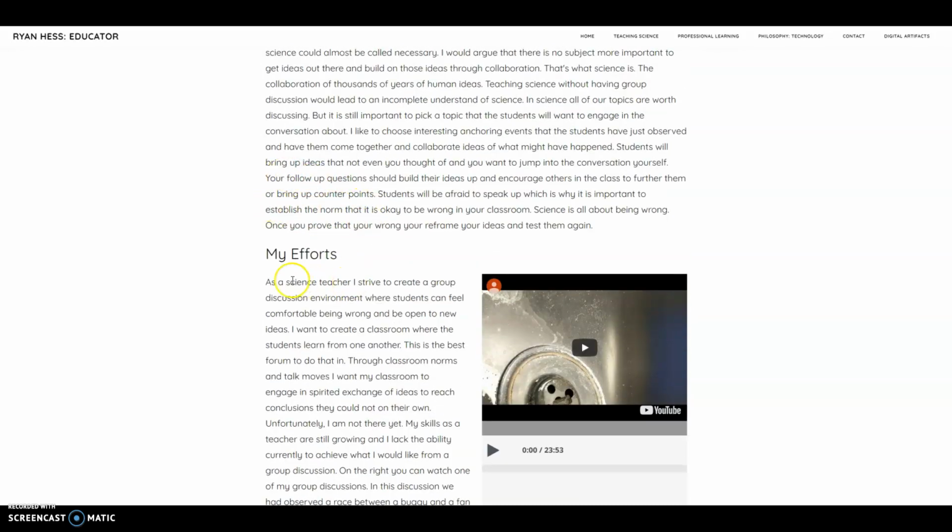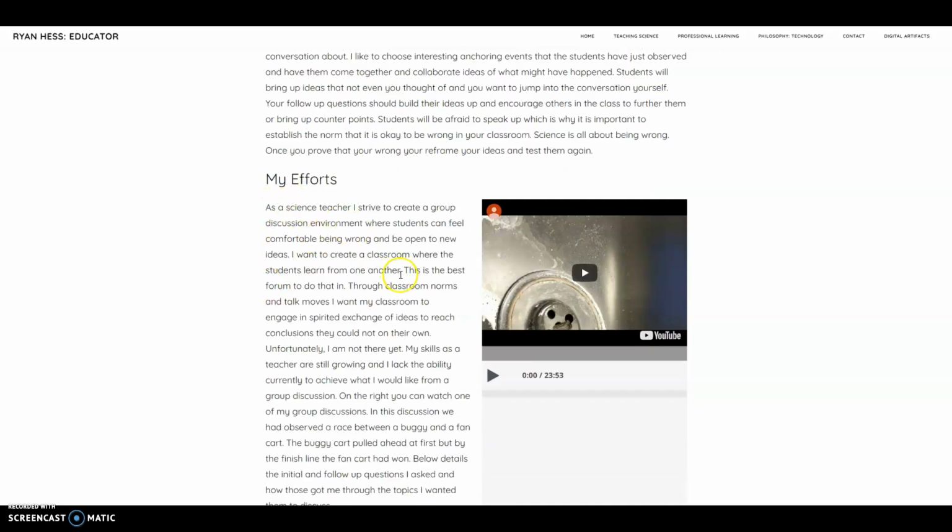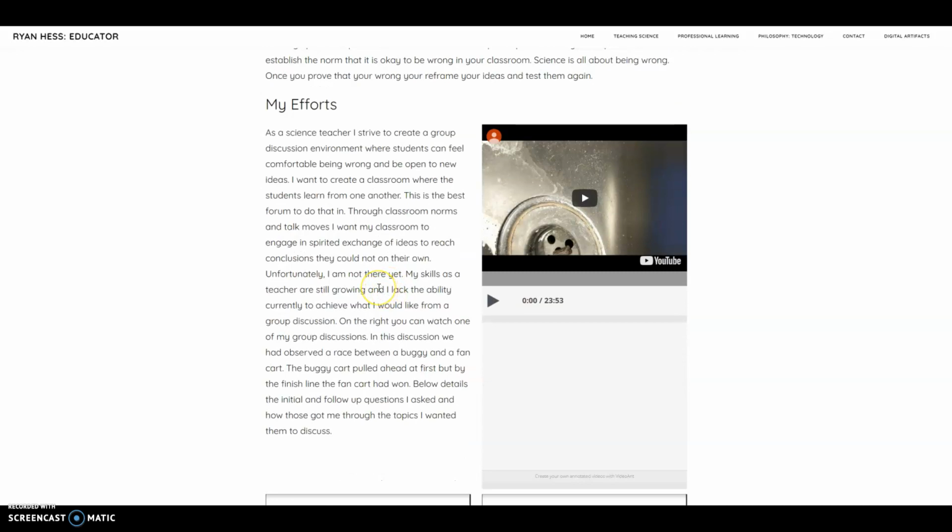You can see down here an example of a group discussion that I had recently in my core physics class. I showed a race between a buggy cart and a fan cart, where the buggy cart, which was moving at a constant speed, pulled ahead quickly, but the fan cart, before the finish line, just barely ended up winning because it was moving at an accelerated speed.